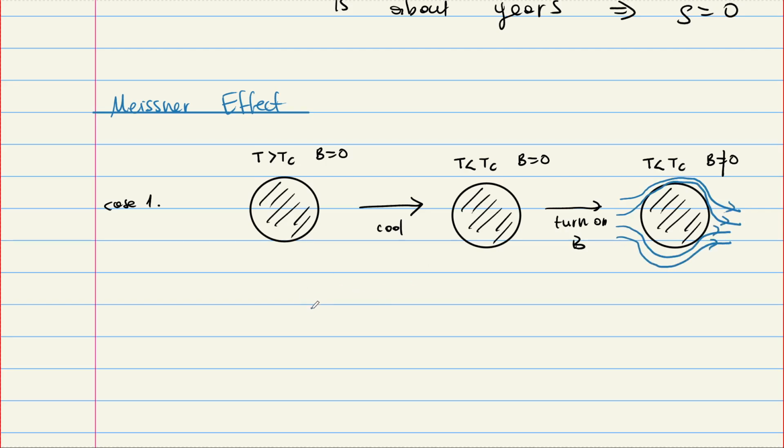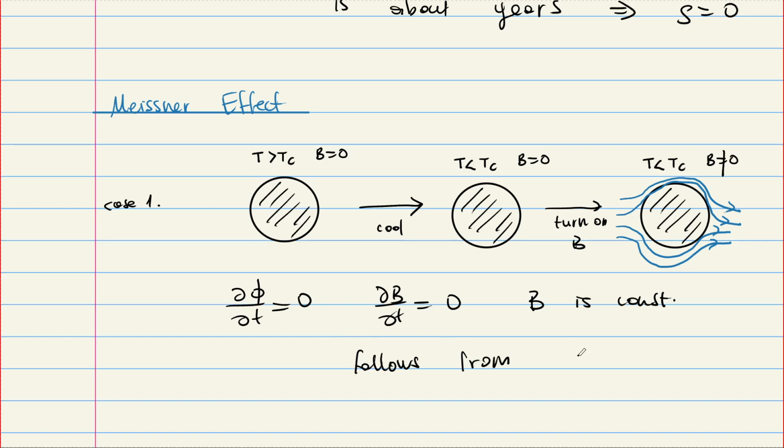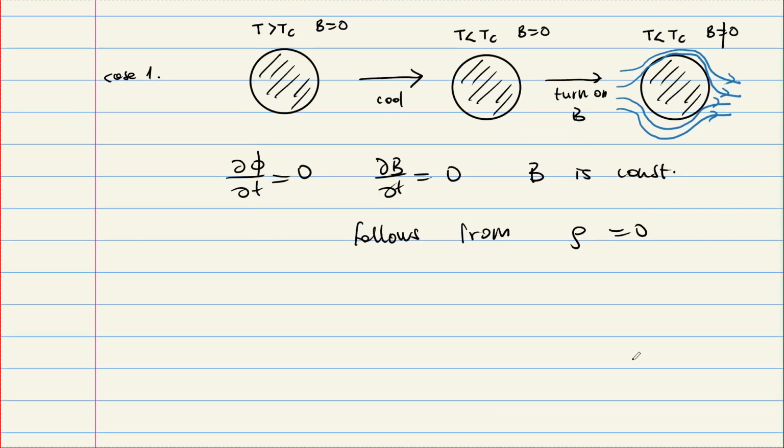This is because del phi del T is 0. That means del B del T is 0. That means B is constant. And all of this follows from rho is equal to 0, like we just showed a minute ago.